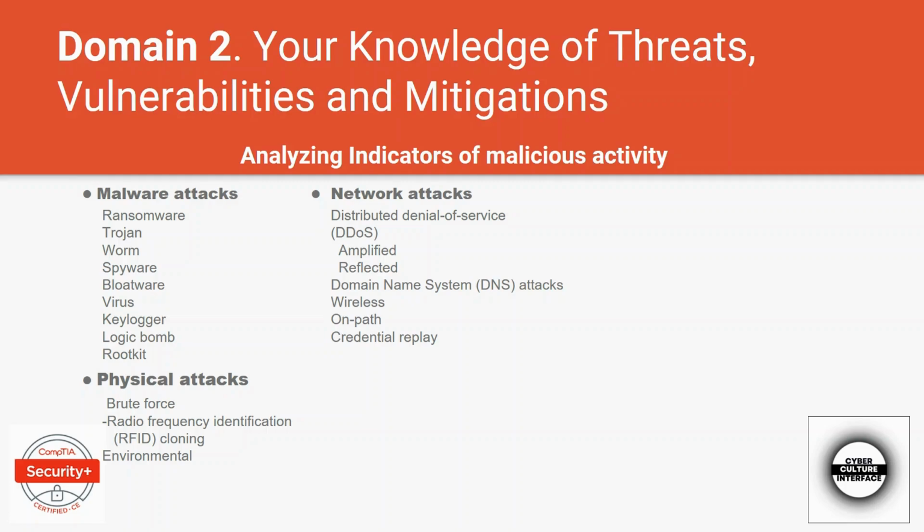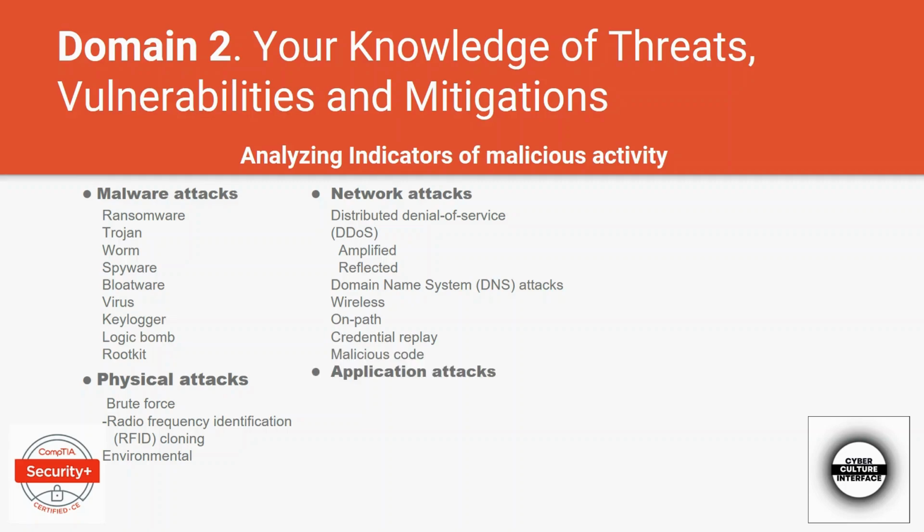When a hacker captures a credential from a particular session and then uses it to connect to a different session without the knowledge or authorization of the previous user, this is a credential replay. That means the credential has been captured and the hacker is reusing it. So these are malicious activities indicating a network attack.